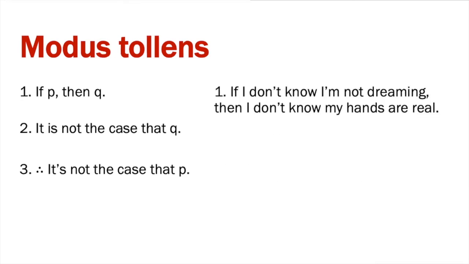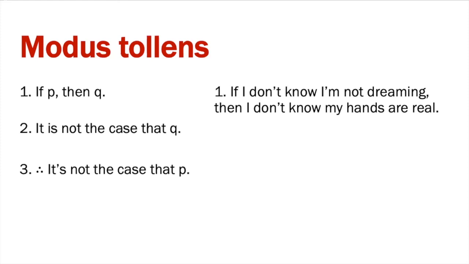So here's a famous example. This is Moore's response to Descartes' dreaming argument. In the second meditation, I believe, Descartes says, if I don't know that I'm not dreaming, I don't know that my hands are real. Then Descartes uses this as a modus ponens: I don't know that I'm not dreaming, therefore, I don't know that my hands are real.